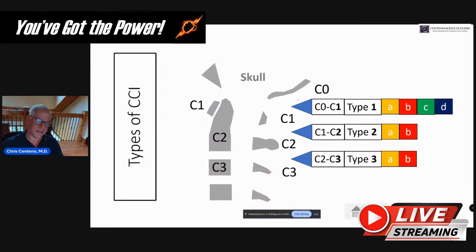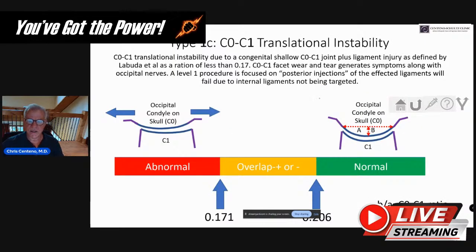And this is the subtyping system I put together for CCI. So really, we're talking about these type 1 instabilities when we're talking about the lateral AO ligament, and those are instabilities between C0 and C1. We're talking about translational instability here, whether that's front, back, or side to side, where we see this sliding of 0 on 1, often due to the abnormally shallow C0, C1 joint.